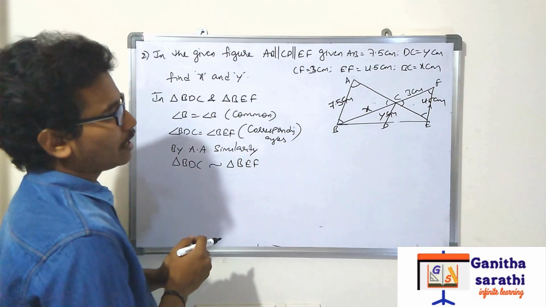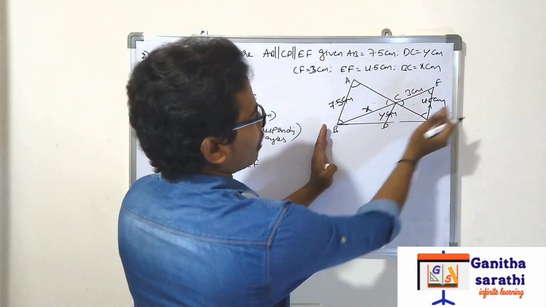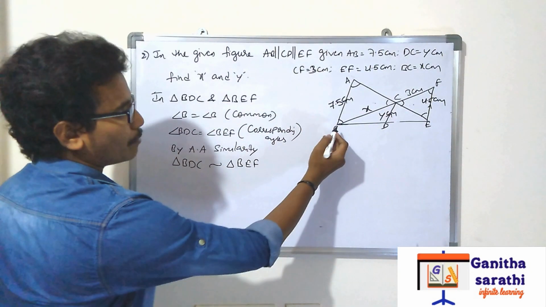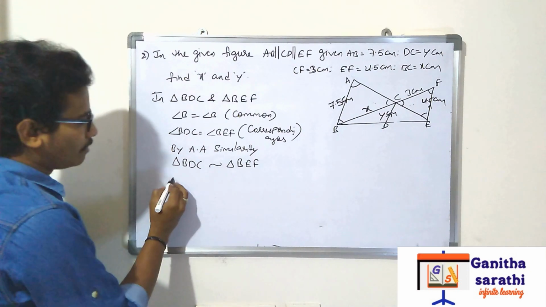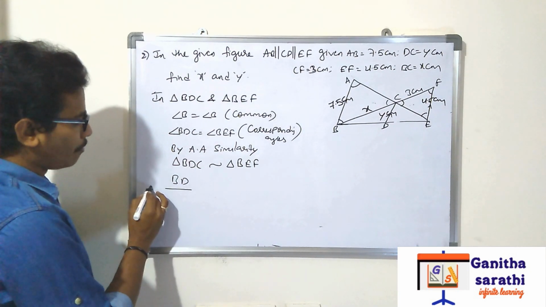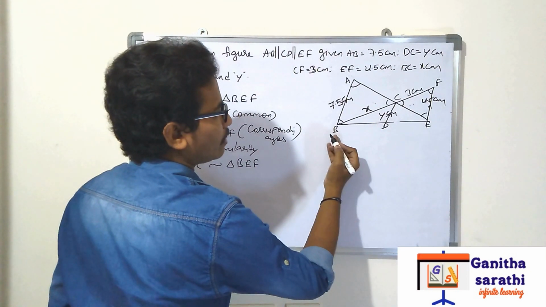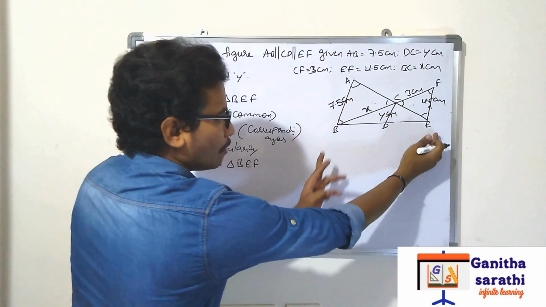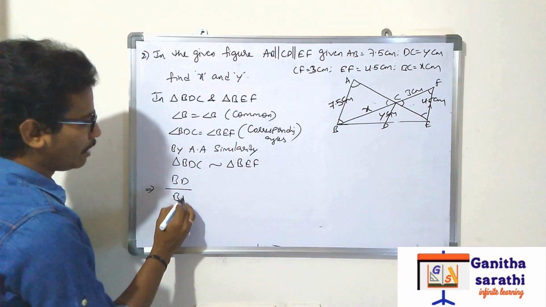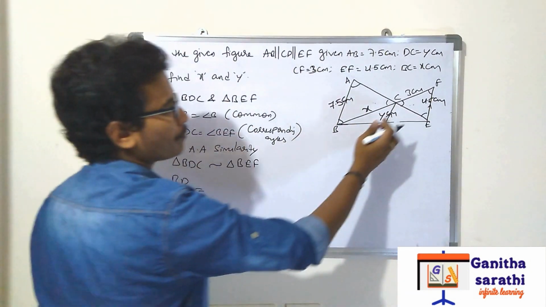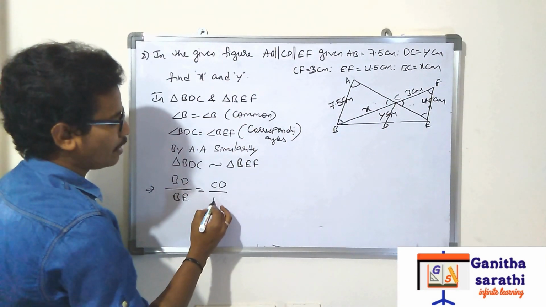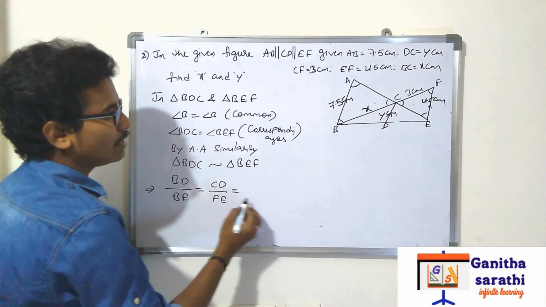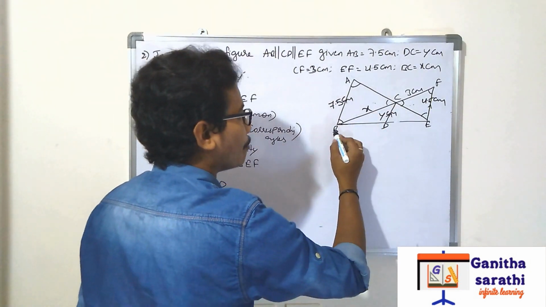Now I am taking first the small triangle, afterwards the big triangle. First BDC. In BDC, BD is one side, BD by BE, in the big triangle. BD by BE is equal to CD by FE, is equal to BC by BF.